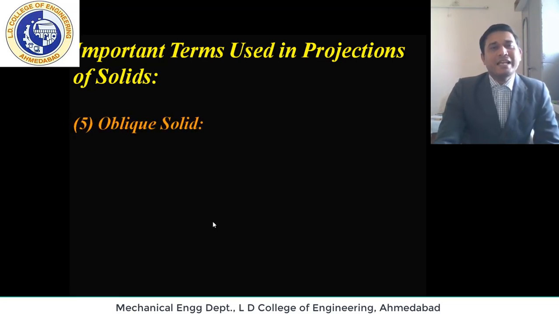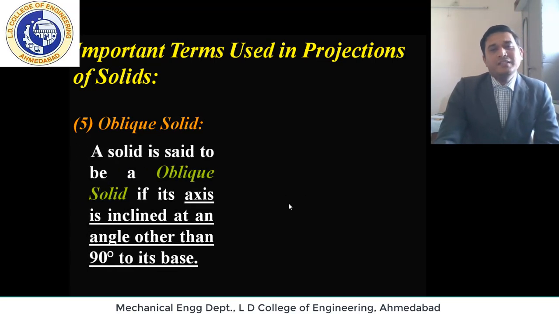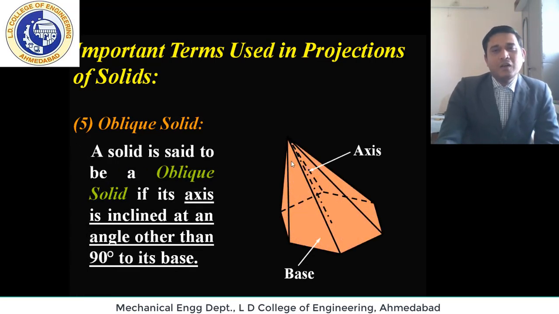The second one is the oblique solid. In these solids, the axis is making some angle other than 90 degrees with the base, and it's called an oblique solid.